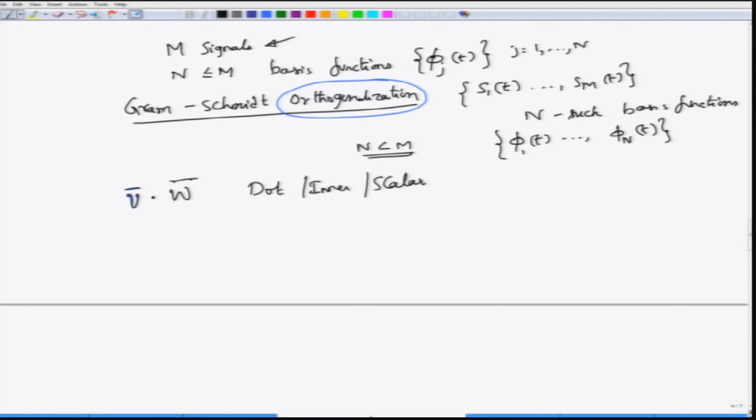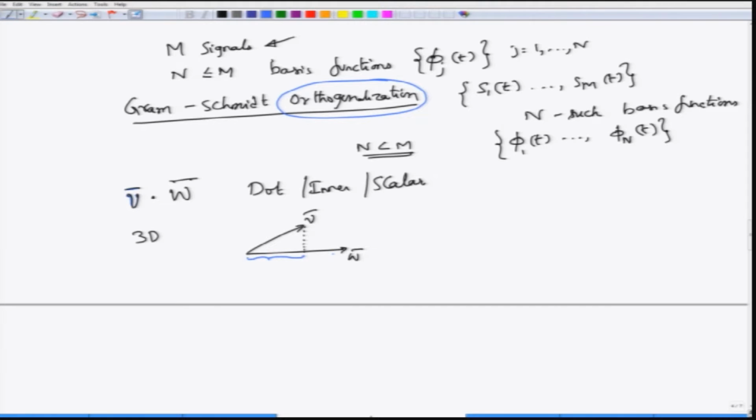We denote this dot product, inner product or scalar product by v dot w. For a 3-dimensional Cartesian coordinate space, we are familiar with the physical interpretation of this, right. I take the vector w and then I have the vector v. The dot product basically gives me the length of v along w.